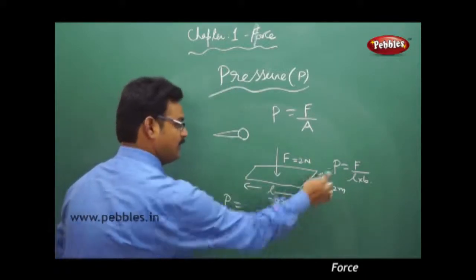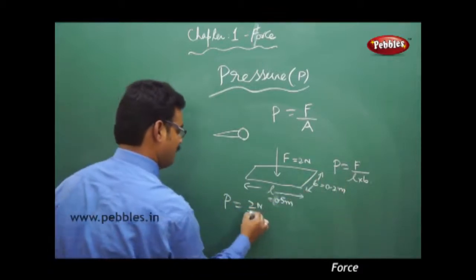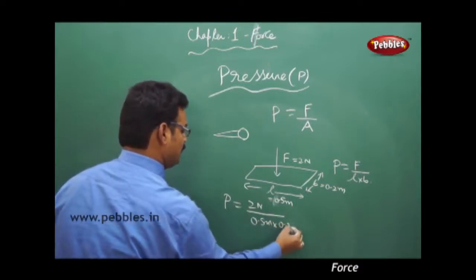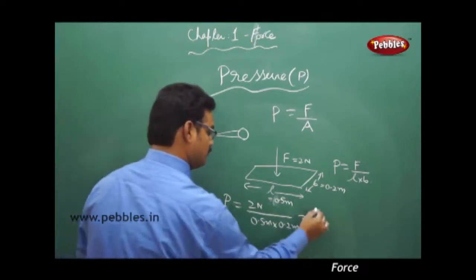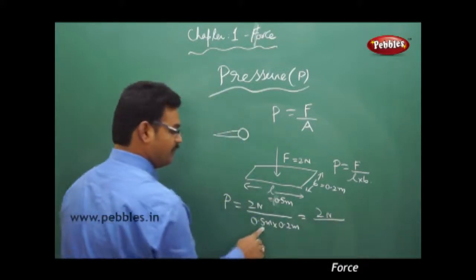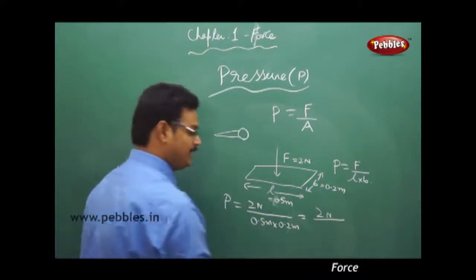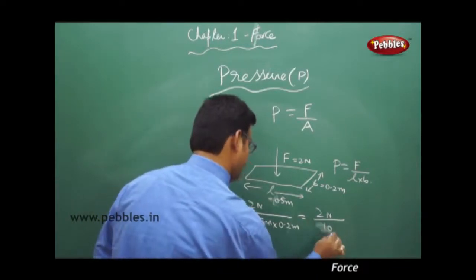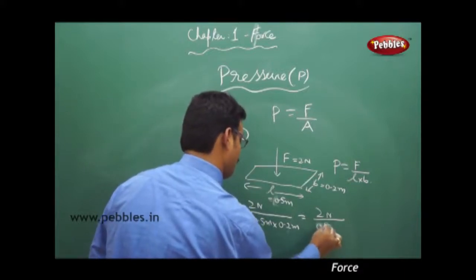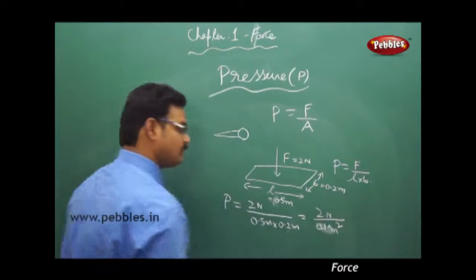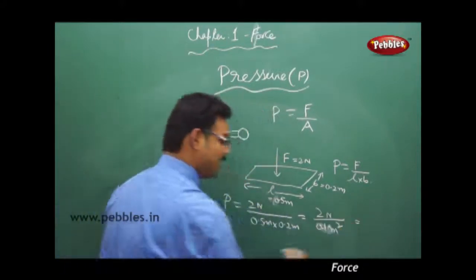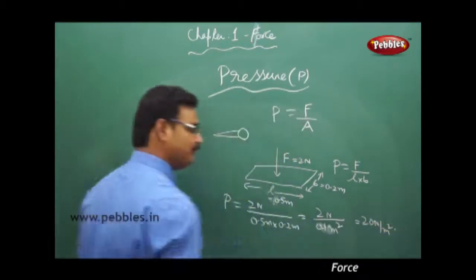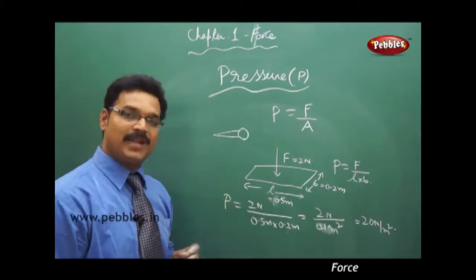Pressure P equals F by L into B. So 2 newtons by 0.5 meter into 0.2 meter, which equals 2 newtons by 0.1 meter square. So the final answer is 20 newton per meter square. That is the pressure acting on the plank.